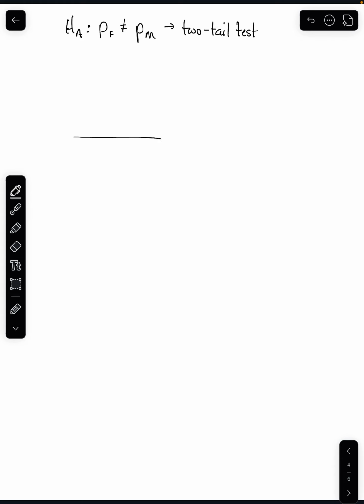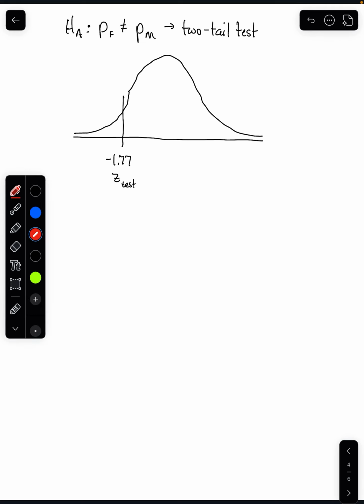So we're looking at a normal curve. And our test statistic was negative 1.77. So we need to be looking for the area to the left of this.